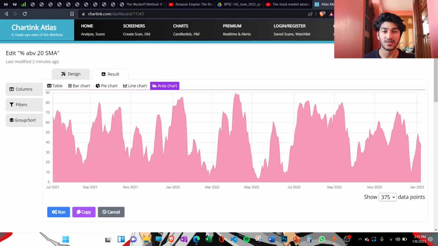So what it tells you is that you can keep these two broader areas in check. Whenever this crosses 70%, you can be careful. You can start trimming your position, you can start taking early profits, and you can stop adding new positions.